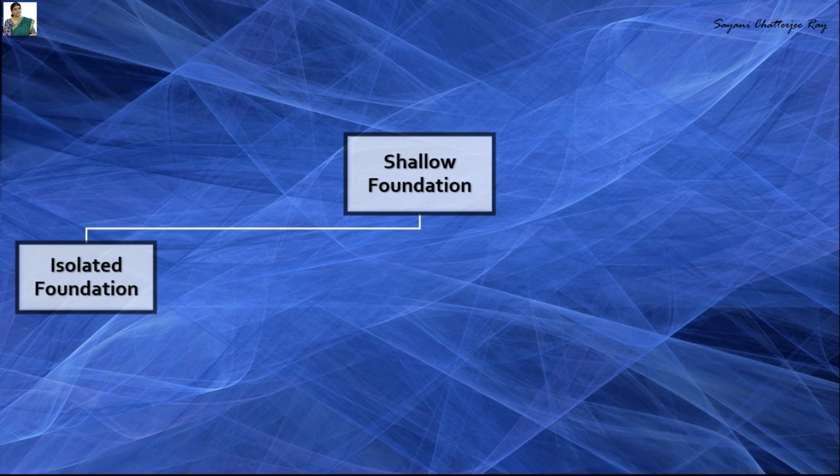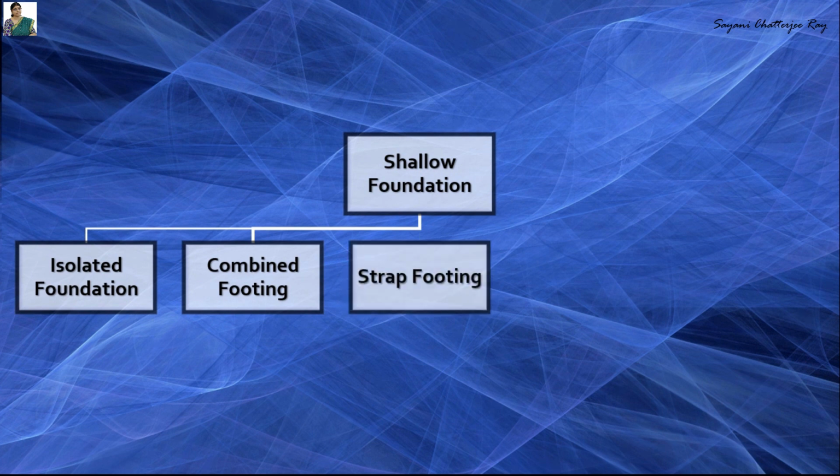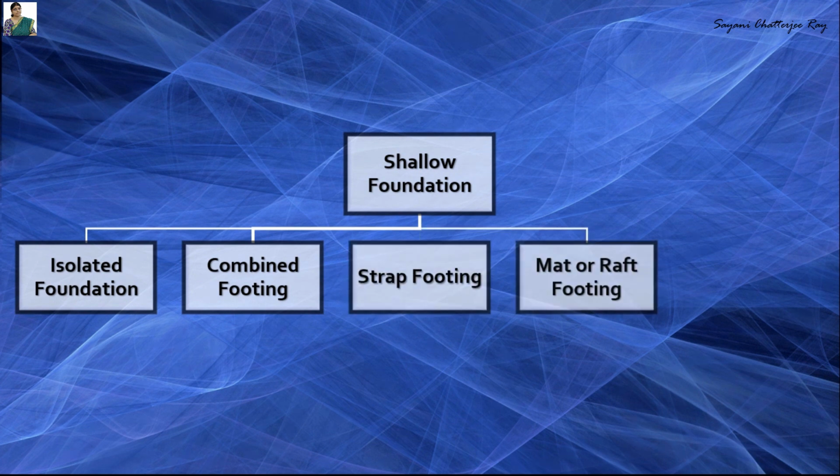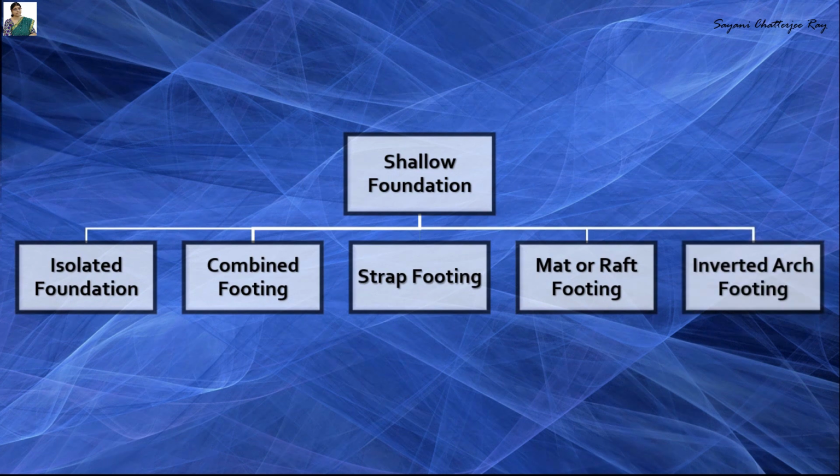So first one is isolated foundation or isolated footing. Second is combined footing. The third one is strap footing. The fourth one is mat footing or raft footing. And the last one is inverted arch footing. So we will learn about all these types of shallow foundations in detail. So let's start the video.